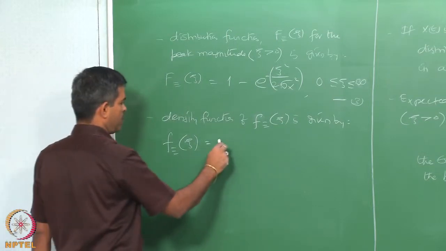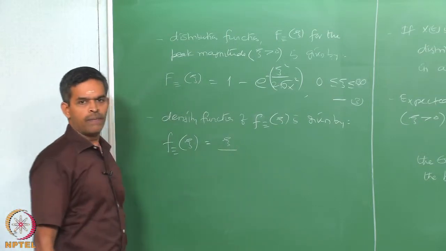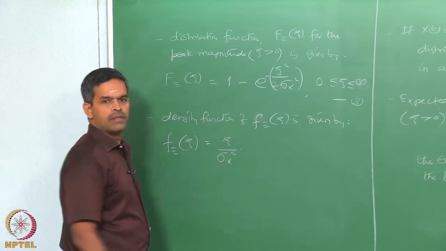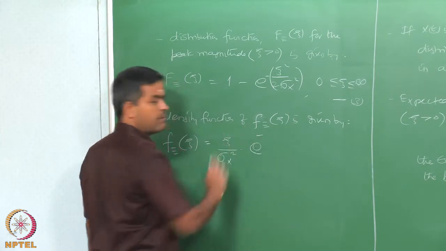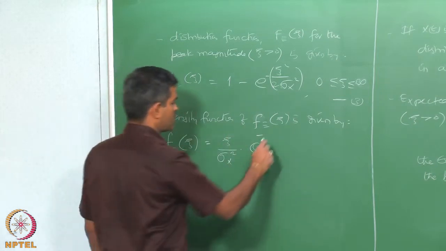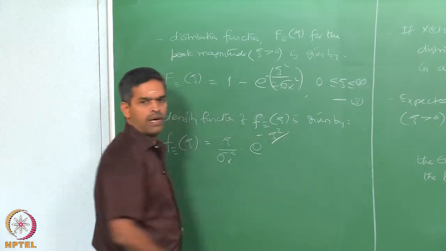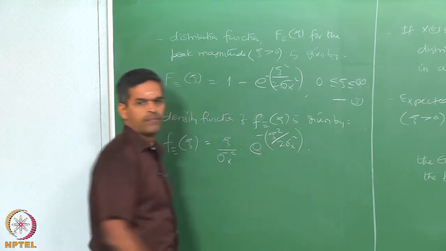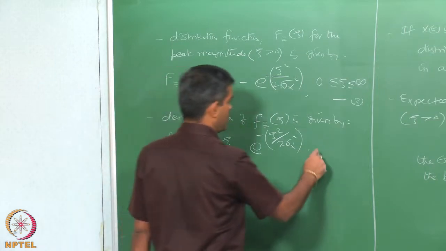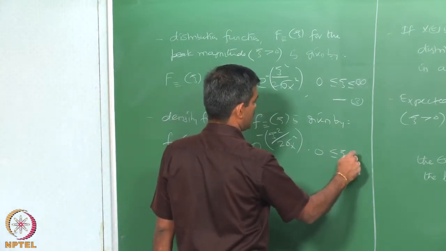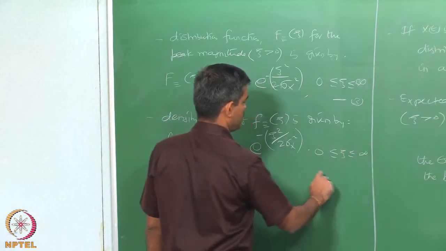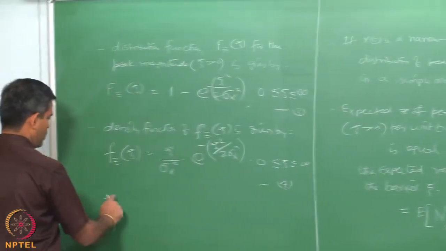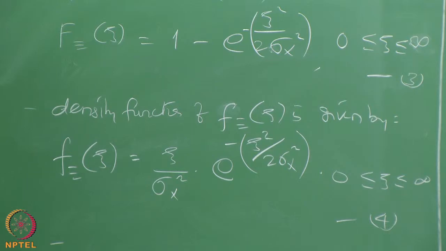Zeta is given by zeta by sigma x square e to the power of minus zeta square by 2 sigma x, for 0 less than zeta less than infinity, equation number 4. Interestingly, equation 4 is expected to follow a Rayleigh distribution.